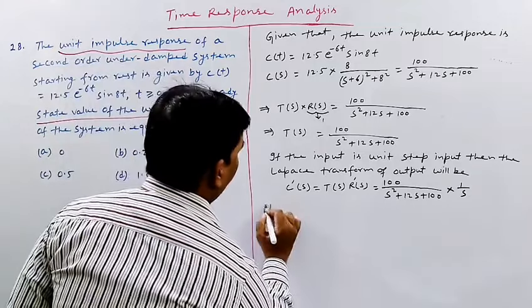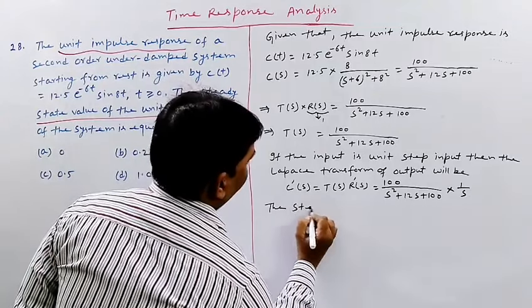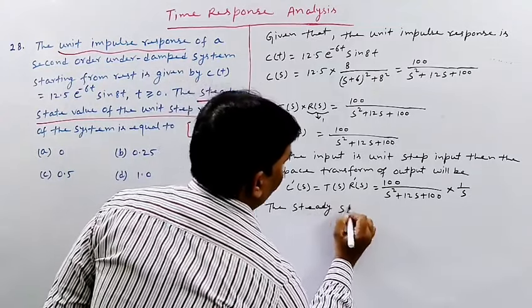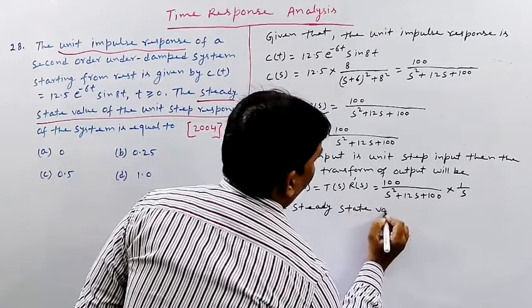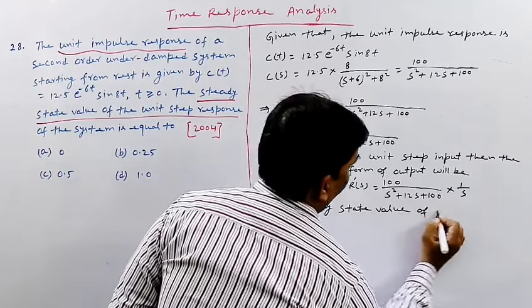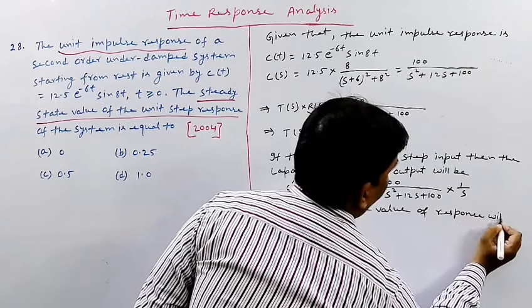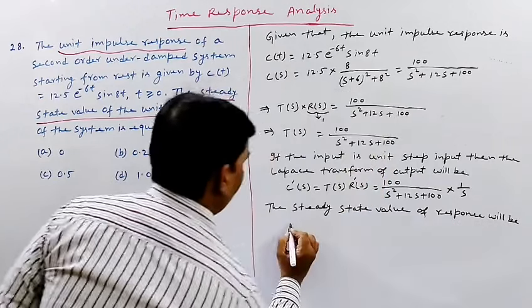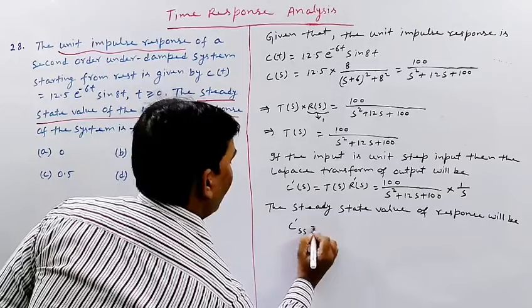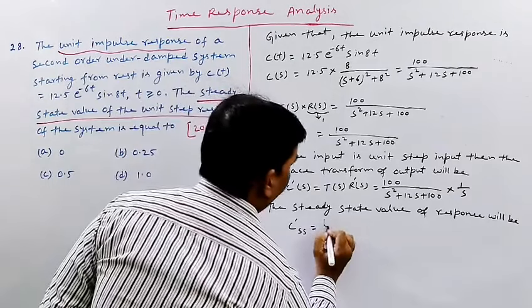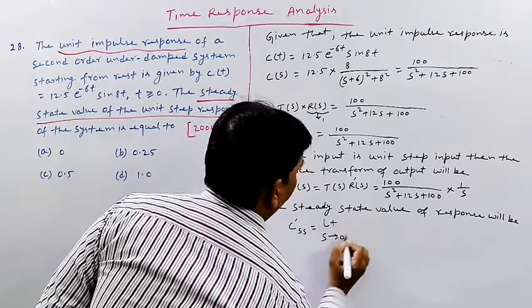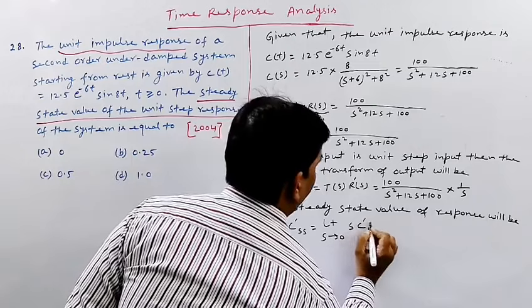Now the steady state value of the response will be C dash ss, equal to limit s tends to 0 of s multiplied by C dash s.